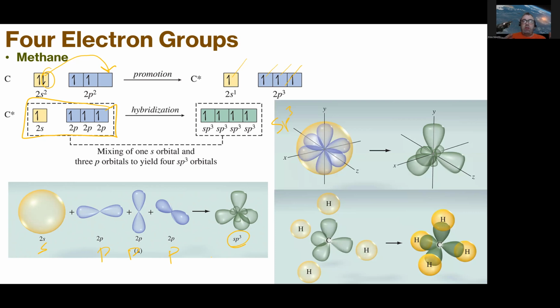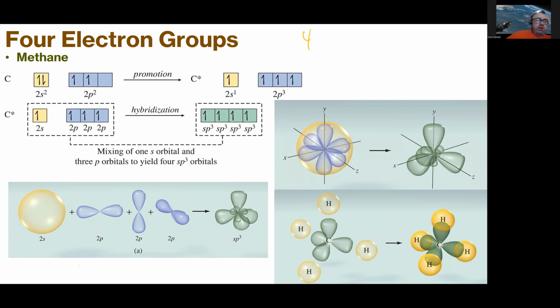Okay, so our link here is the geometry. Okay, notice we're counting things by electron groups. So if you have four electron groups, right, you need four identical orbitals. I should be writing this down.